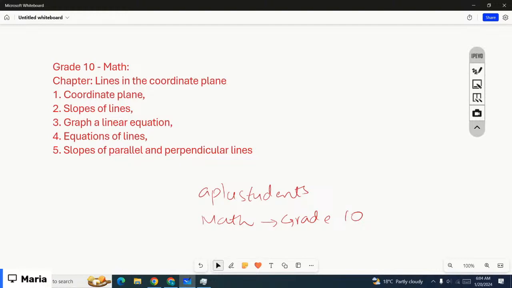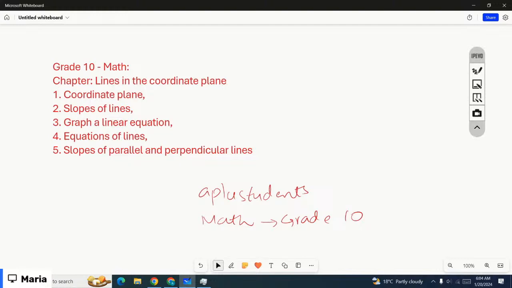We're going to start with the chapter lines in the coordinate plane, and the lessons we're going to cover from the chapter are coordinate plane, slopes of line, graph a linear equation, equations of line, and slopes of parallel and perpendicular lines, right?